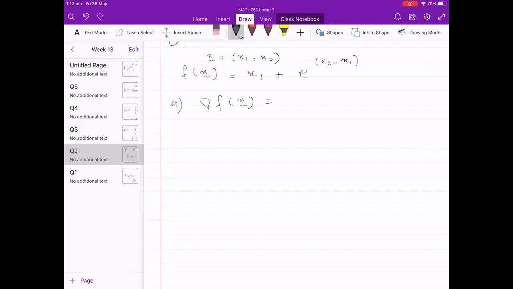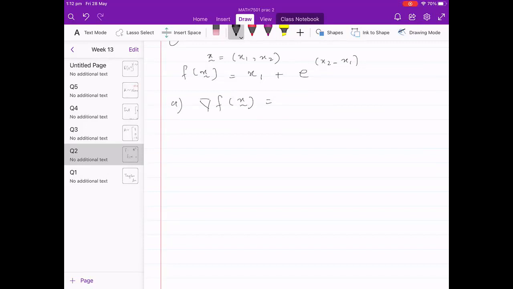How would you find that? How would you find the gradient of it? I'll just take the partials.